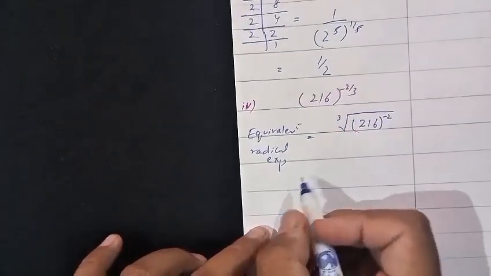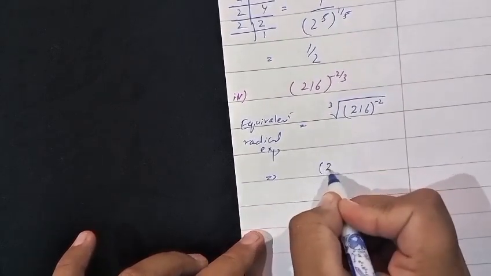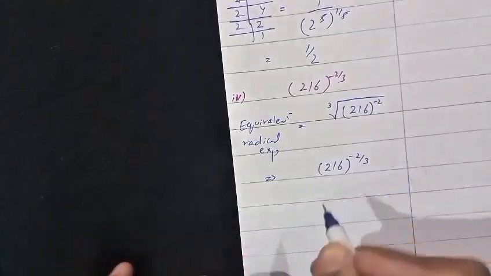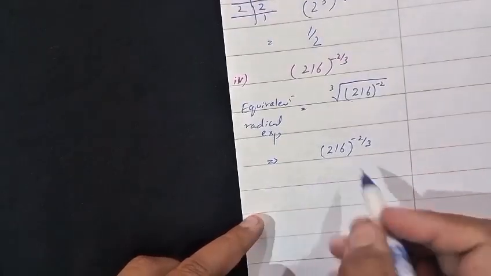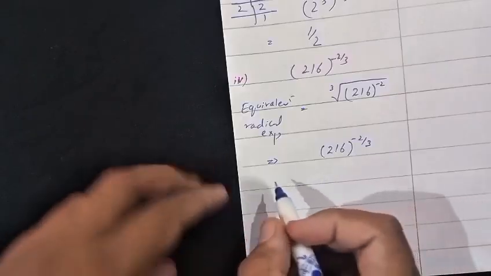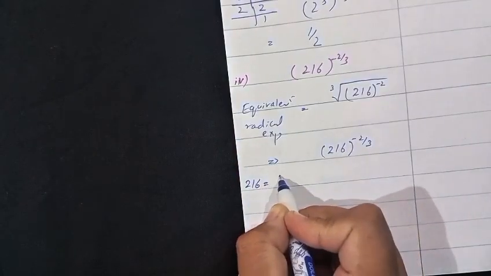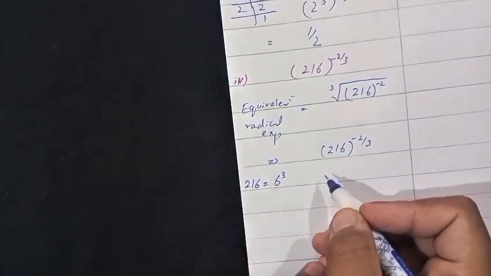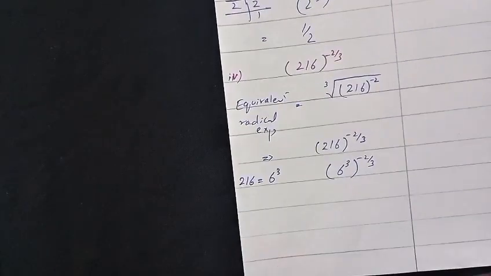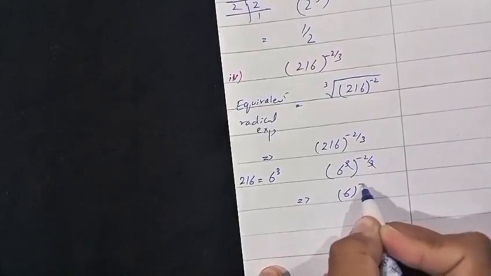Now we simplify the exponential expression. So we factorize 216. We know that 216 is written as 6 power cube. So we replace this 216 with 6 cube. Here the powers cancel each other. We get 6 power minus 2.